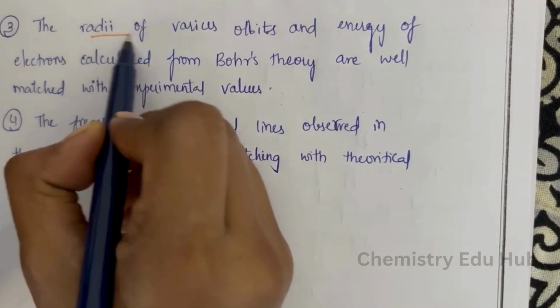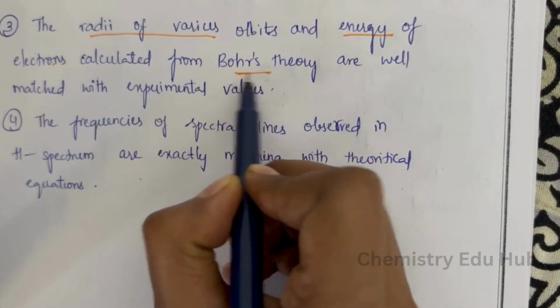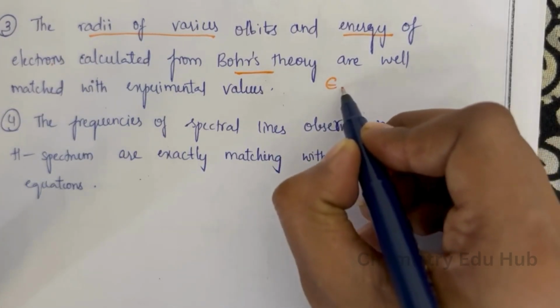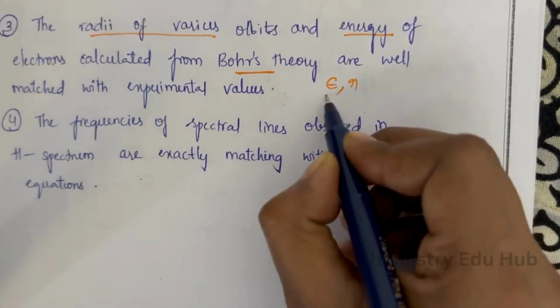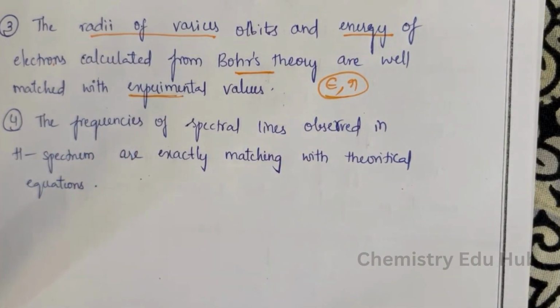The radii of various orbits and the energy of electrons can be calculated using Bohr's theory. That means Bohr's theory provides the values or the formulas to calculate energy and radii, and whatever values are obtained are in agreement with the experimental values. So they are all matching with each other. So this is a merit.